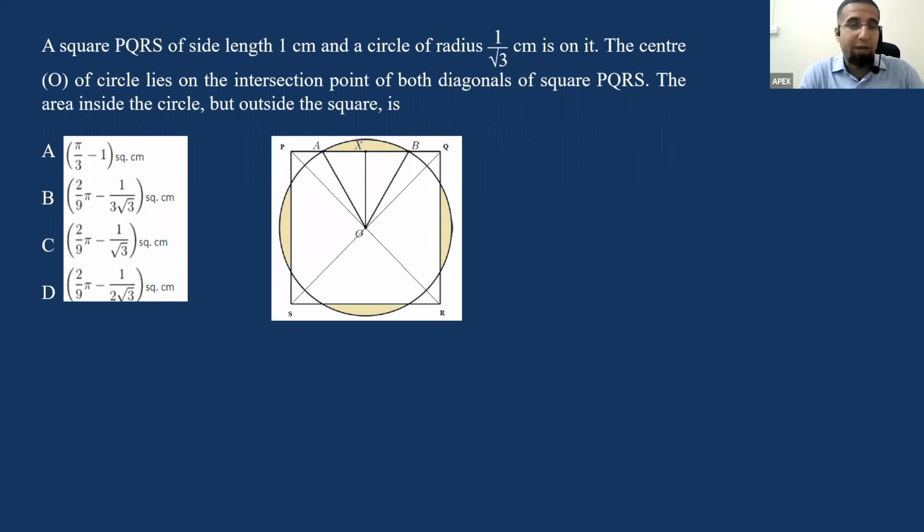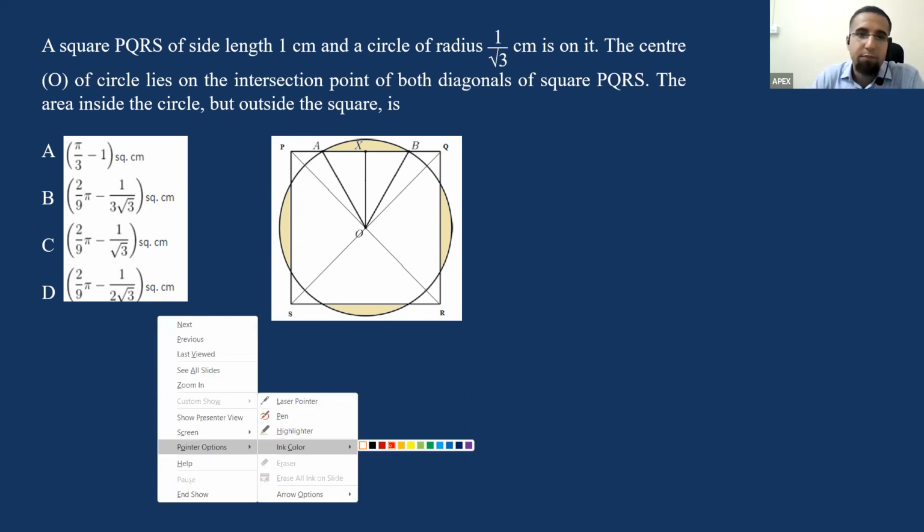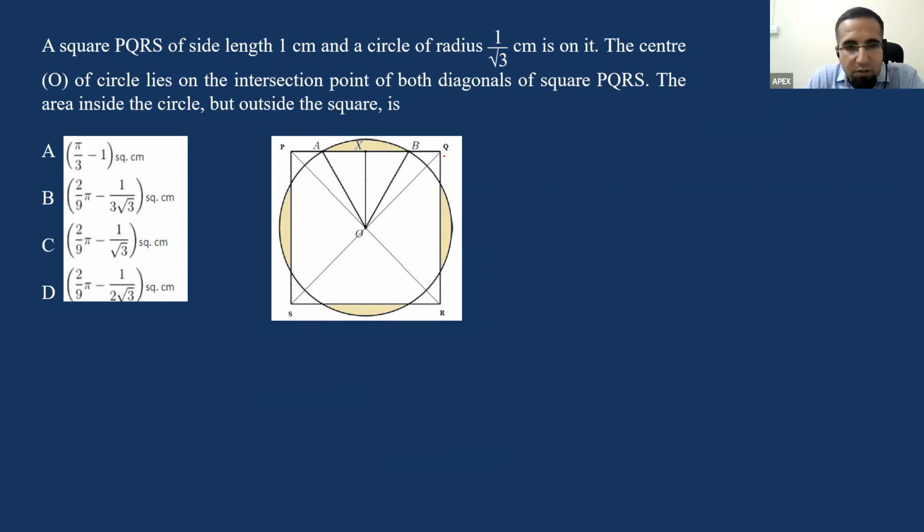So now what am I looking at? This is a very beautiful question on squares. Clear. So I'm given that the square PQRS has side length 1 centimeter. Let me change the ink here. So this side is 1.